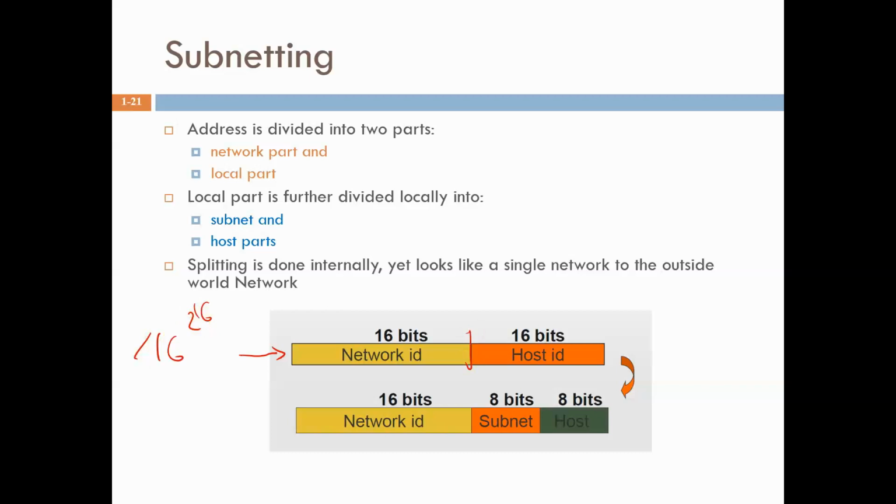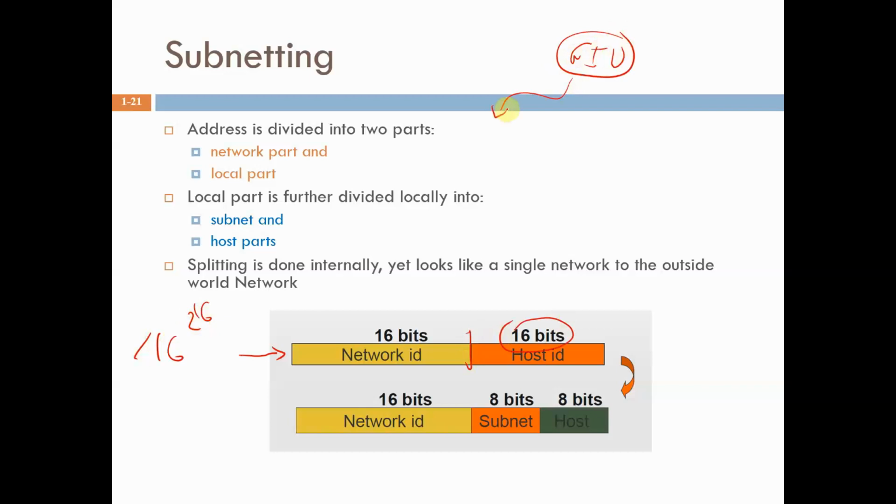Now, the ISP has an option either to have all the 2 power 16 devices or interfaces connected in a single subnet, or the ISP can organize this network in a more hierarchical fashion, meaning that either you have this as the GIU network, as just a single huge subnet, which is a very bad idea. It will have terrible performance.